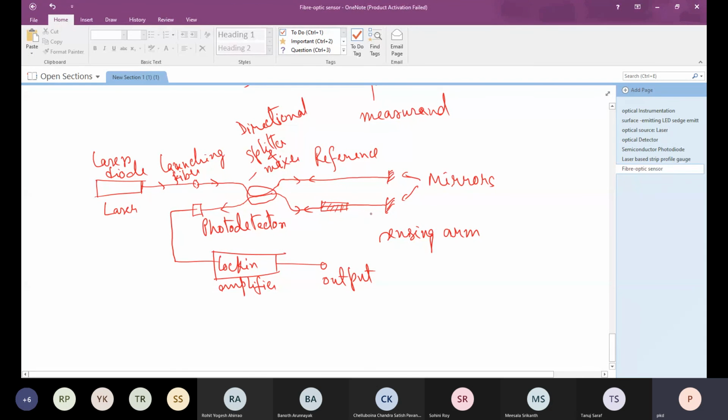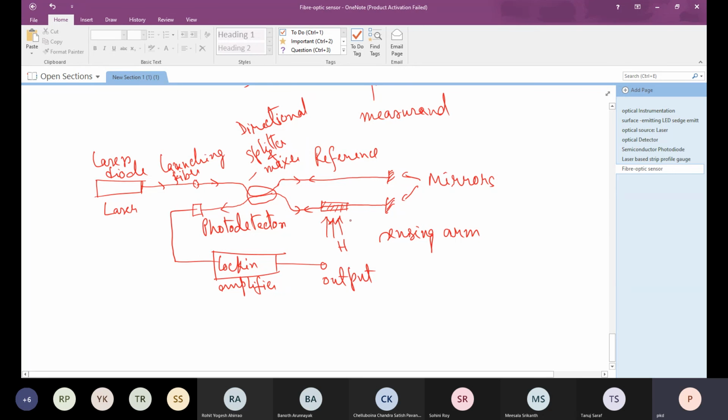These two can be within a cable, and there would be an aperture here where the sensing field is exposed. So this can be driven from one end into a certain measurement place where the other side is not accessible.